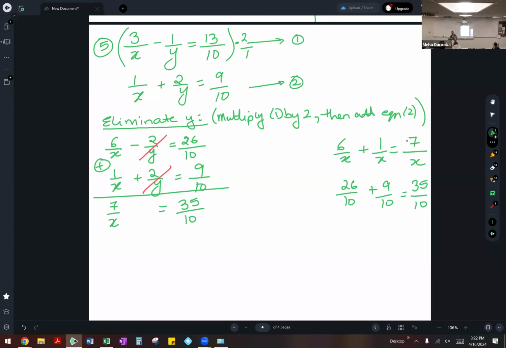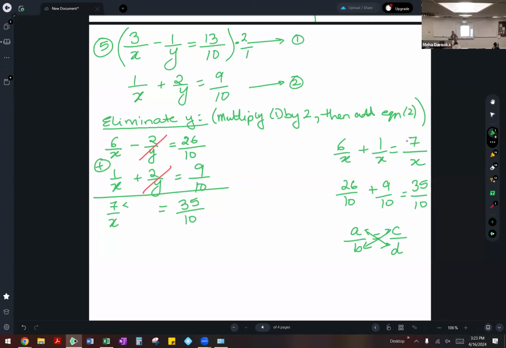So now you have 7/x equals 35/10. Remember, this is what proportions look like. Does anybody remember how we solve proportions? Cross product, right? We're going to do cross product.